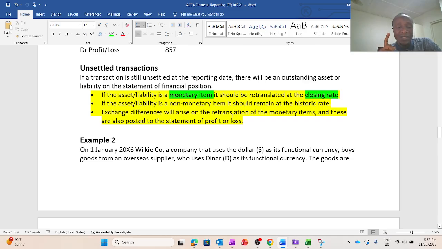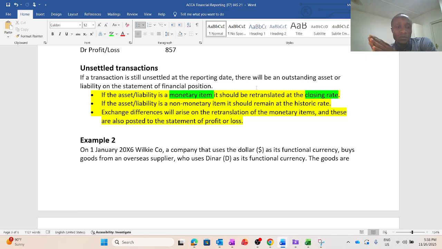If the asset or liability is a non-monetary item, it should remain at the historic rate. We are not going to retranslate non-monetary items. We are going to maintain them at the historic rate, the rate at the date of the transaction.